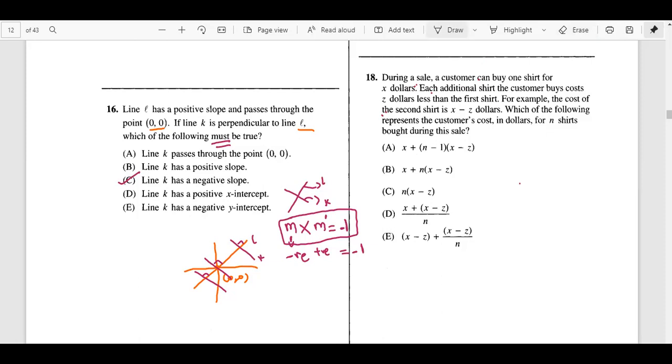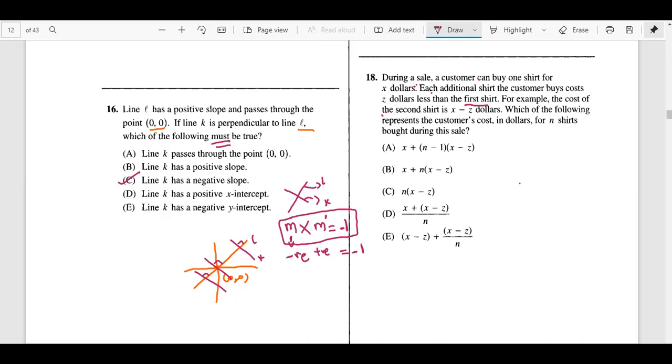The question is: during a sale, a customer can buy one shirt for X dollars.